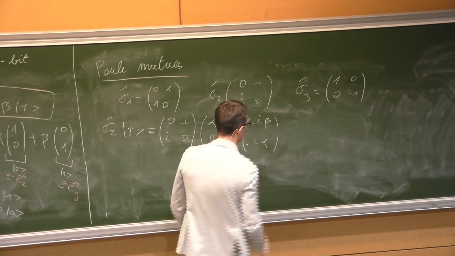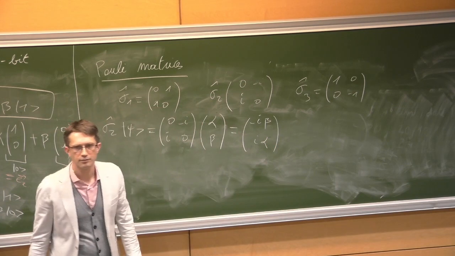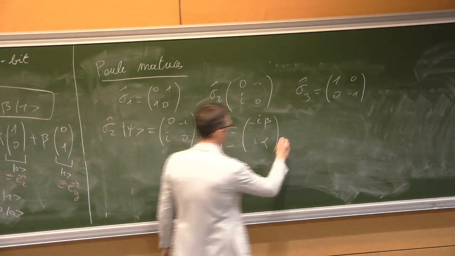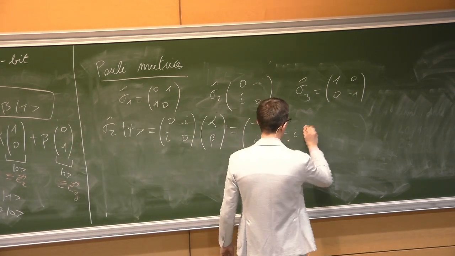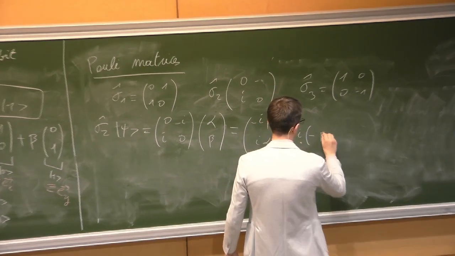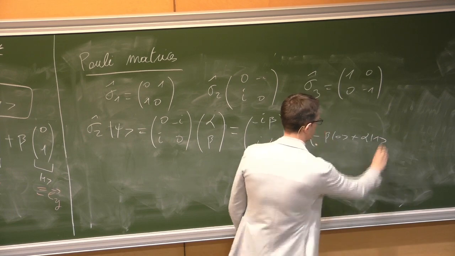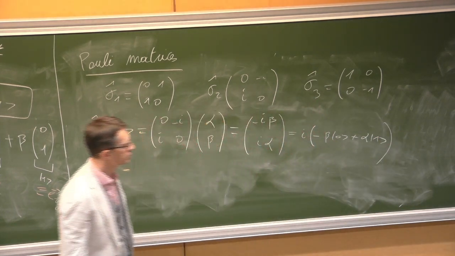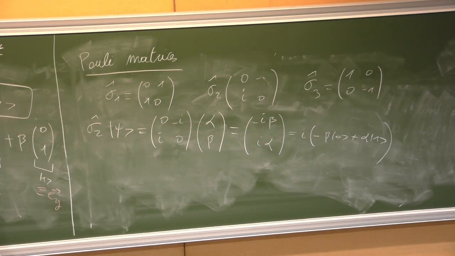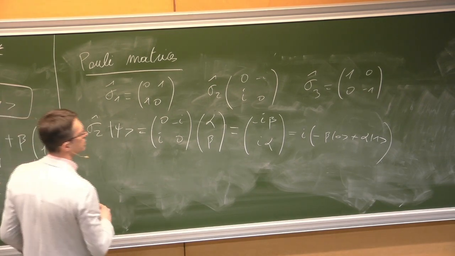So in other words, it's i times minus beta 0 plus alpha 1. Okay. All right, let's do sigma 3.